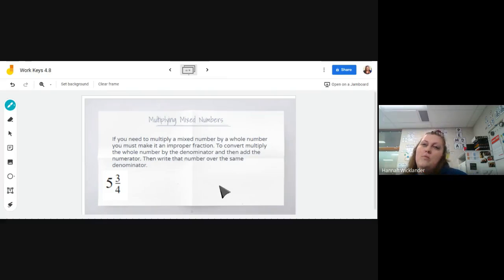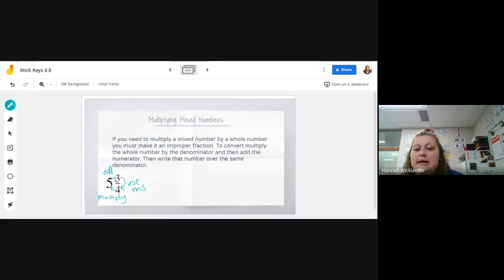Some of your homework problems today will have a mixed number in them, and you'll need to make the mixed number into an improper fraction in order to multiply them. Here's how you do that. You take the denominator and multiply it by the whole number. Then you take that answer and add the numerator to it, and then rewrite it on the old denominator.